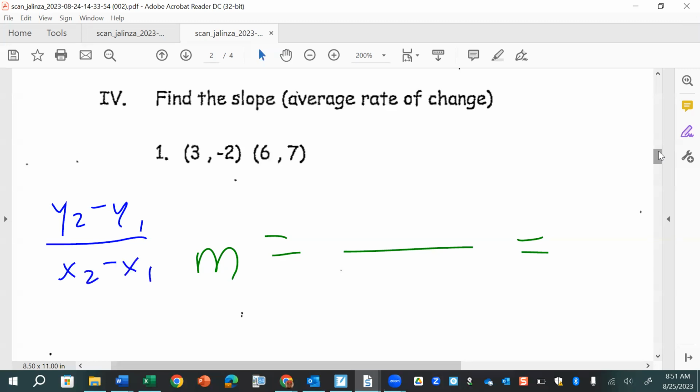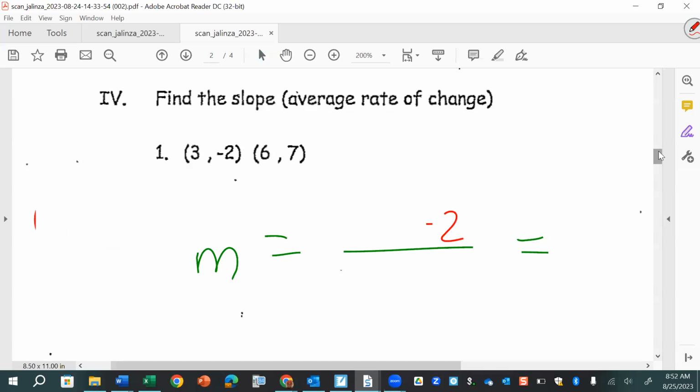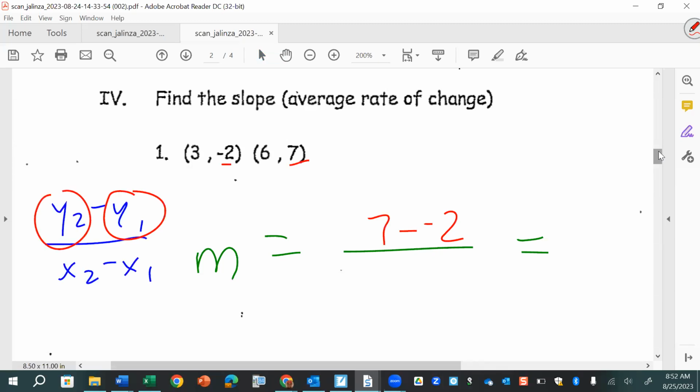So let's begin. What is the second y that you see here? 7, minus the first y you see, negative 2, over the second x, minus the first x. Eventually, you'll say 3. Yikes. And now do the math.